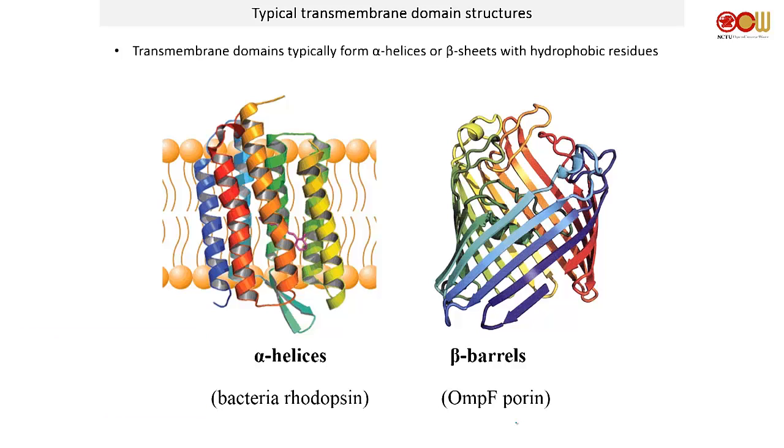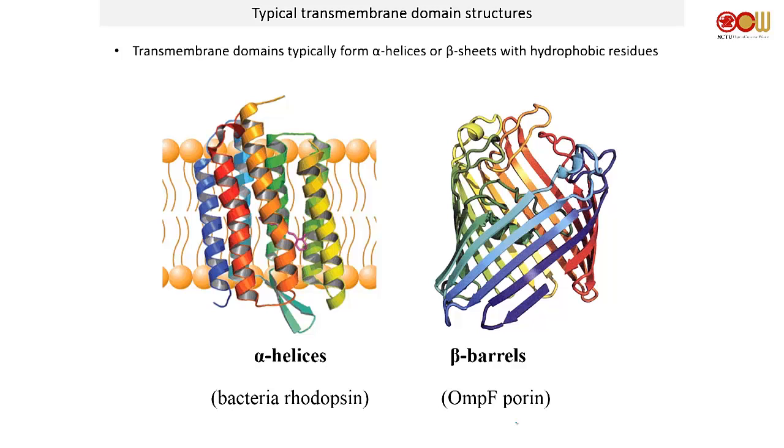So transmembrane proteins typically will have domain structures that are going to be hydrophobic. These transmembrane domains are typically derived from alpha helices or beta sheets, very regular patterns that have a lot of hydrophobic residues on them so that they can interact with the lipid tail of your membrane lipid.